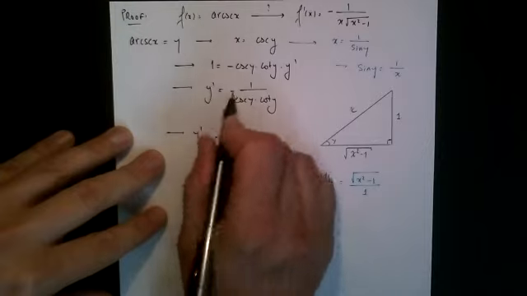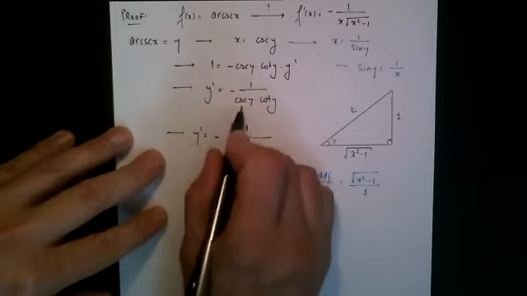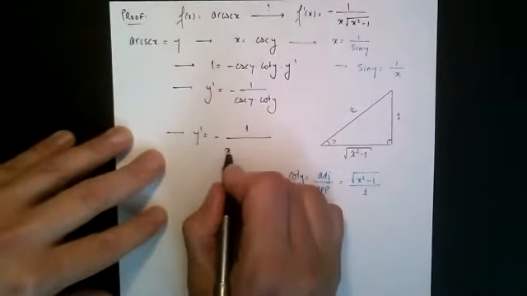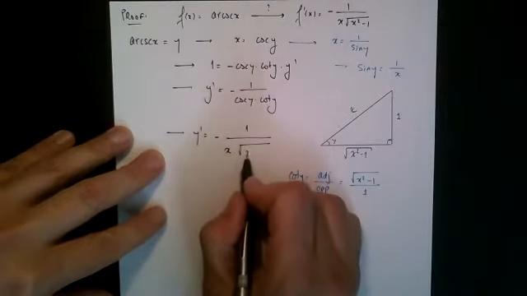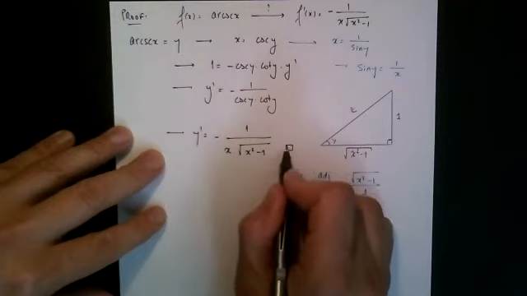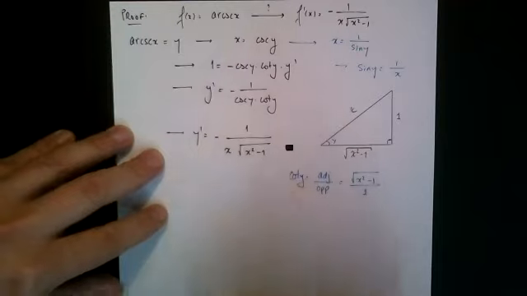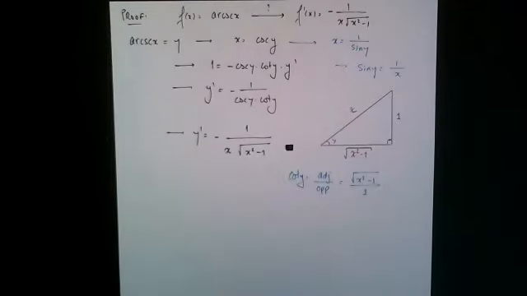So y prime is minus 1 over cosecant y, that's x, times cotangent y, which is square root of x squared minus 1, and I'm done. Okay, that's it. We proved all 6.